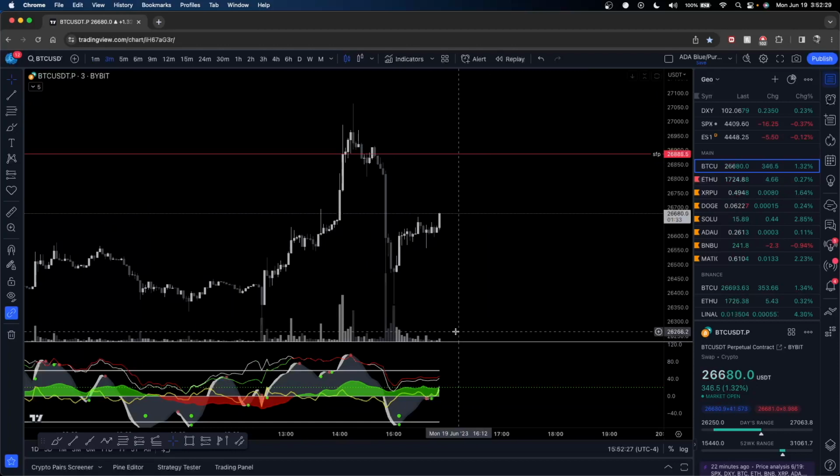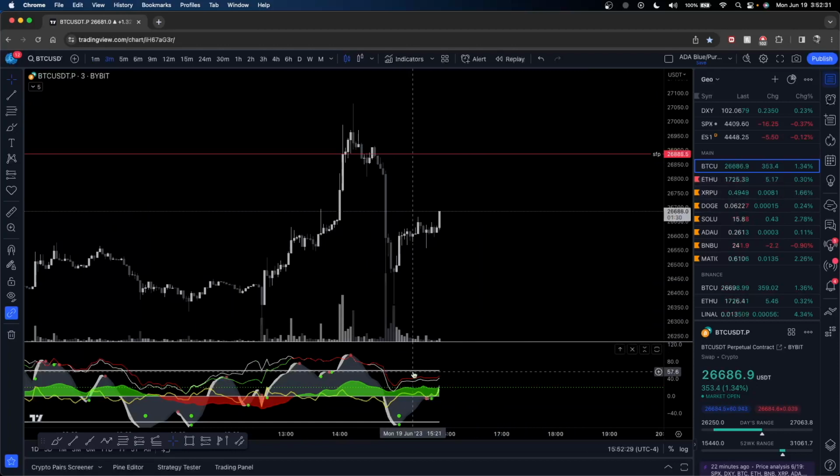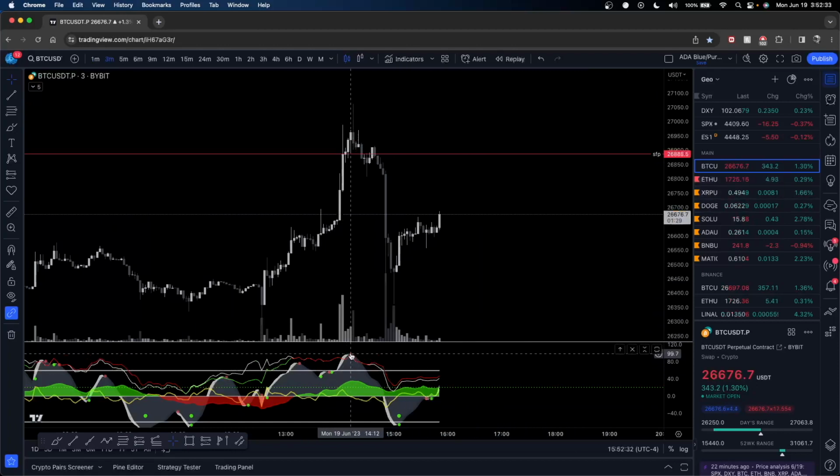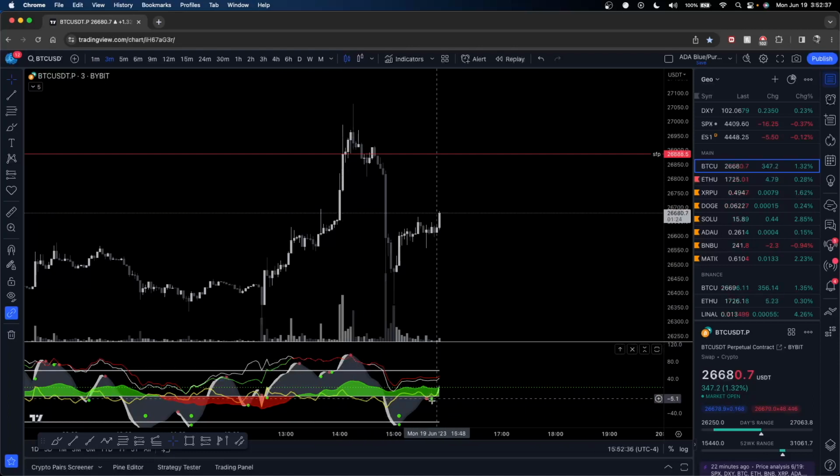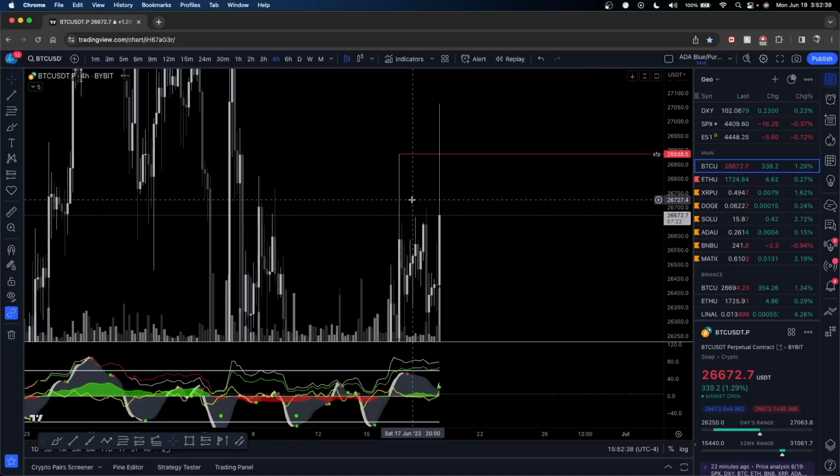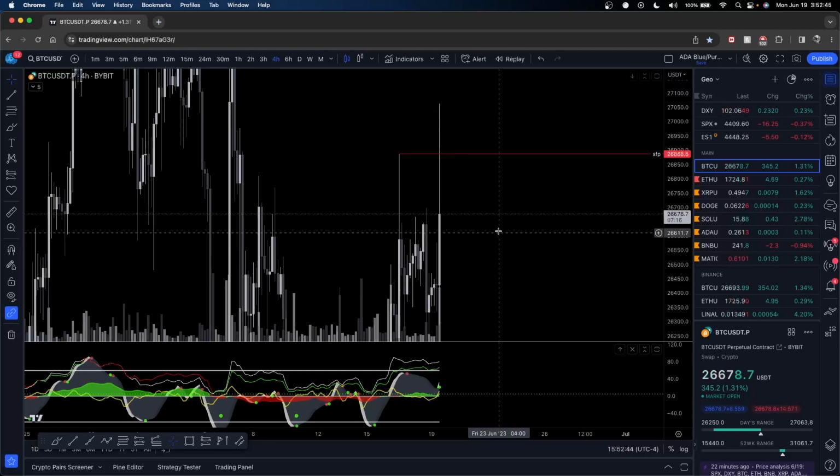Like here, we're pumping now. I don't see divs on the 3 minute, right? The 3 actually looks pretty bullish to me. And if you're looking in the context of the rest of your time frames, on the 4 hour you have nothing to worry about.